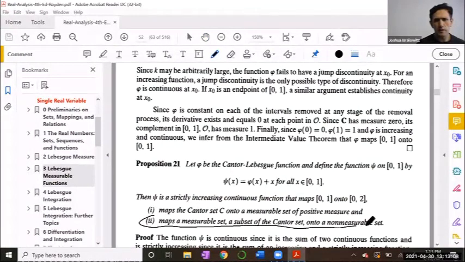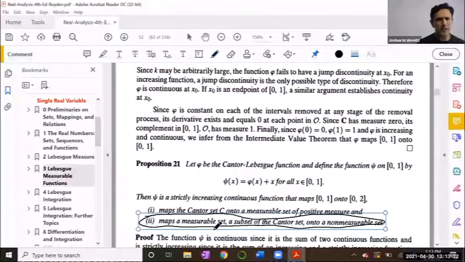This function here, strictly increasing, continuous, maps 0, 1 onto 0 to 2, hence it's a bijection. And it maps a measurable set that I called S, which is a subset of the Cantor set, onto a non-measurable set. Okay.